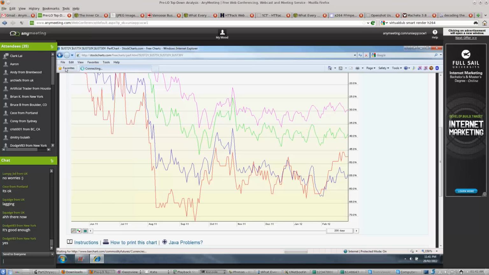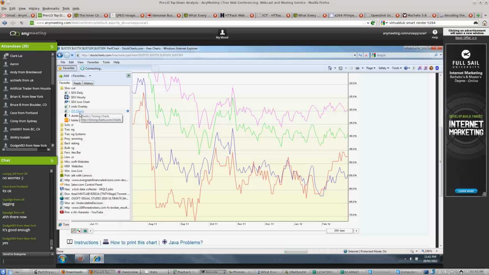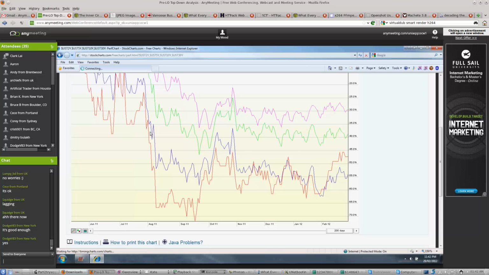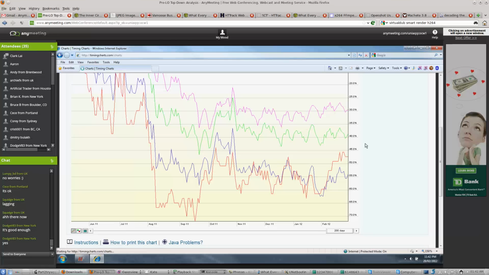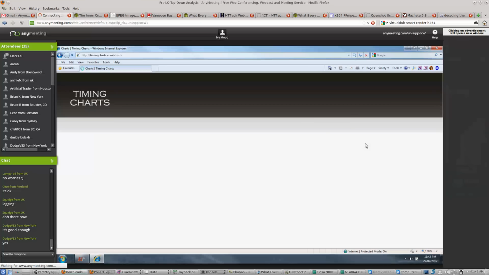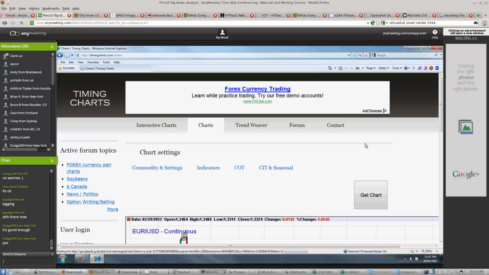From yesterday's analysis, cable and fiber are both net long in terms of commercials. Large traders are at an extreme short, so also signaling a bullish fiber and a bullish cable. Right.